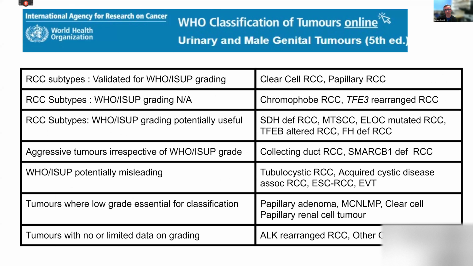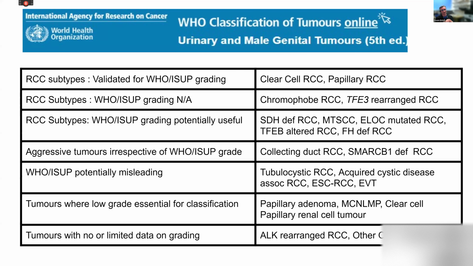And just before we do score, I've got a little table which highlights, in the WHO classification book, certain subtypes where the grading systems are validated, so clear cell and papillary. Some tumors it's not applicable to, so chromophobe and TFE3 rearranged tumors, and then other categories where it may be useful.